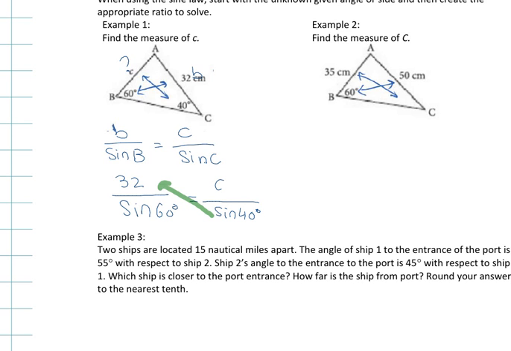Multiplication. So that's going to be 32 times sine 40 over sine 60, and that equals to side C, right?